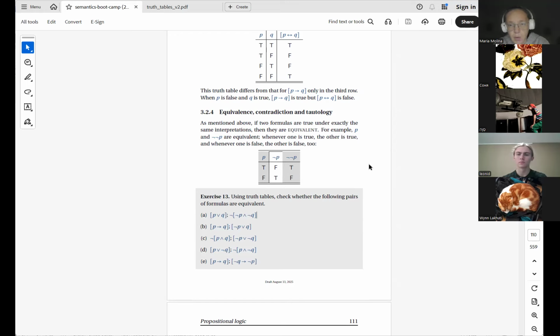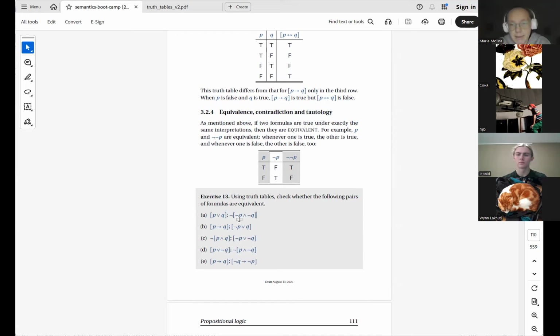So we sort of double the negation, and we flip the operator.